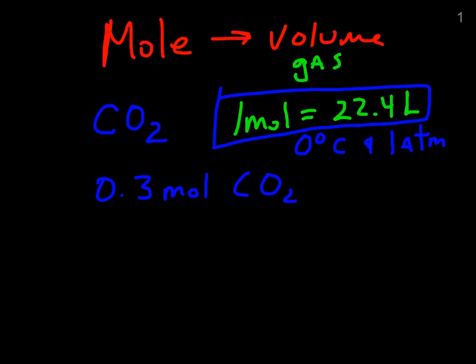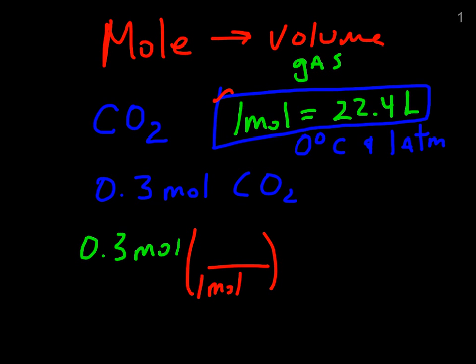So again, what I'm going to do is take what's given. The problem states that I have 0.3 moles, and now I want a conversion factor that's going to allow me to cancel out the moles. The conversion factor that will enable me to do that is to orient that equality that I just wrote up here in a way that puts the moles on the bottom, thereby the 22.4 liters goes on top.